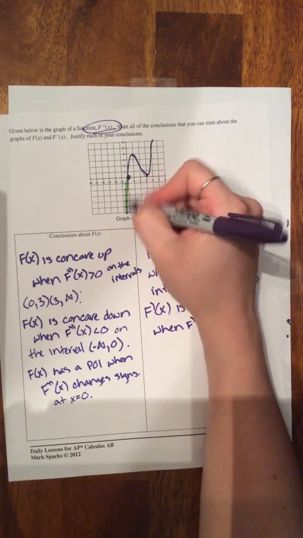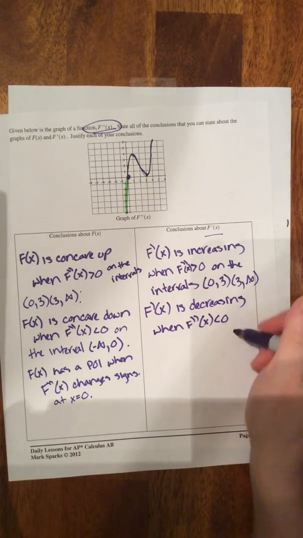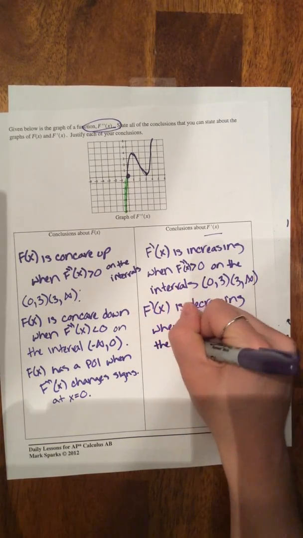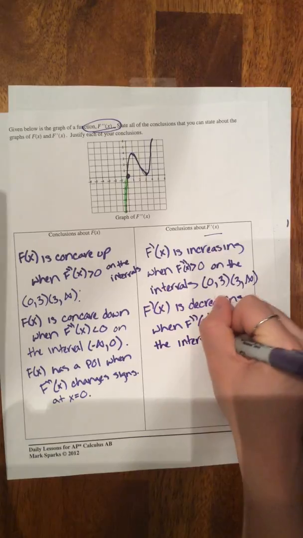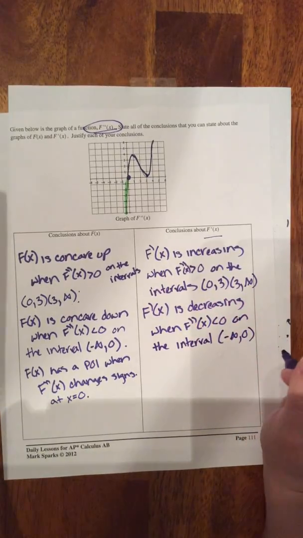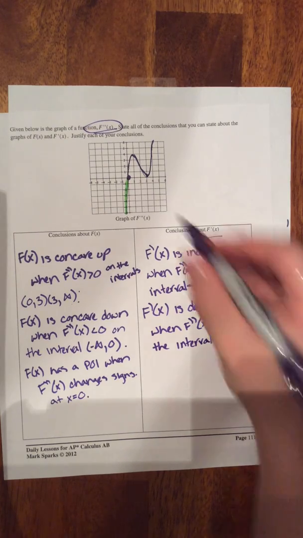And it's going to be the same thing. It's going to be this green that was up here before. This occurs on the interval negative infinity to 0.